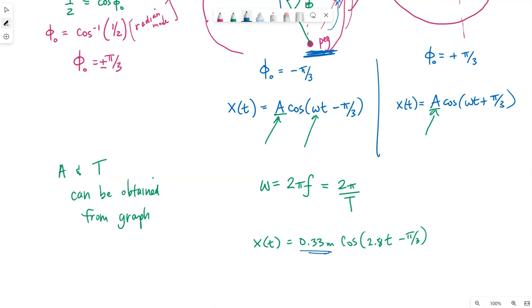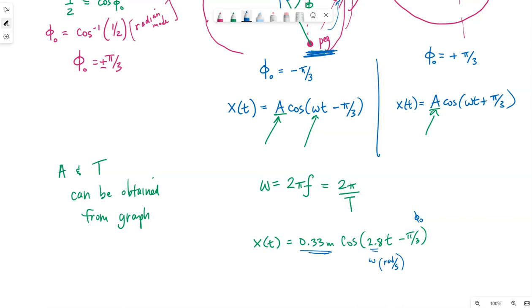This 0.33 meters would tell me that this mass, the oscillator, is moving a maximum distance of 0.33 meters from equilibrium. The 2.8 would be my omega value in radians per second. And phi naught tells me essentially the initial position.